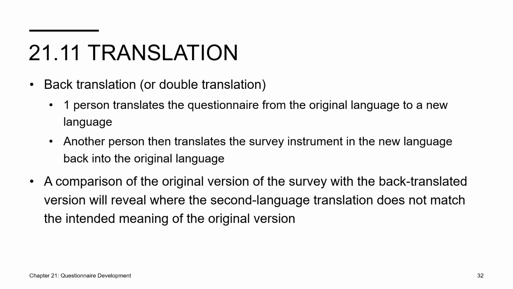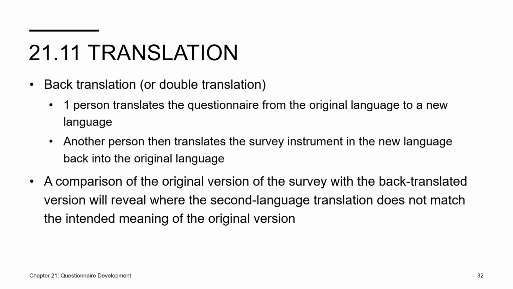So section 21.11 goes over translation. Depending on the population that you're working with, you're probably going to need a second language in your survey, whether it's Spanish, Arabic, or another language. When you have to translate a survey, it's important to also have a back translation or a double translation done. One person translates the questionnaire from the original language to a new language, and then someone else translates it back.